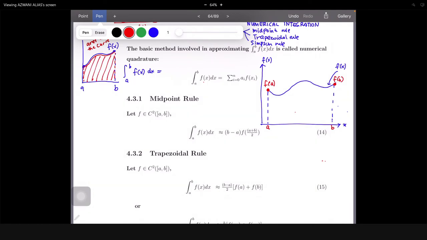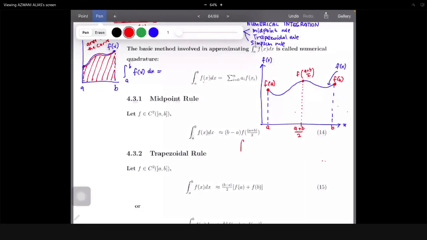Alright, so midpoint rule ni adalah dia the interval from A and B dia bahagikan kepada 2. So titik tengah antara this point adalah A plus B divided by 2. So it means that the point here adalah F A plus B divided by 2 kan? So apa yang dia bagi tahu kat sini, alright.